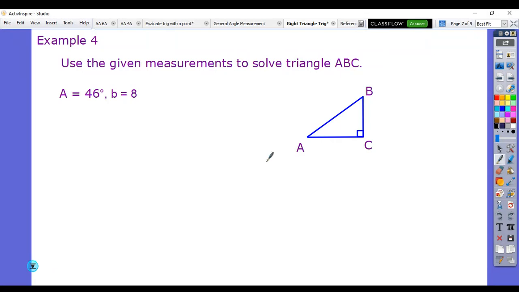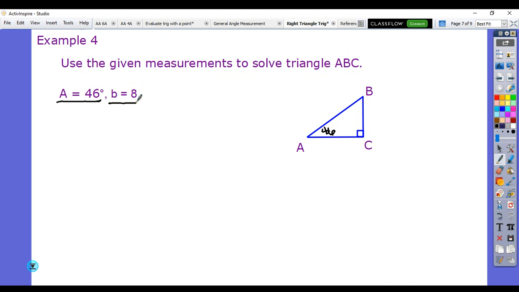All right, our next step is using these relationships to find all different pieces of the triangle. Notice whenever it's capitalized, it's a degree, it's an angle measurement. This is telling me angle A is 46.